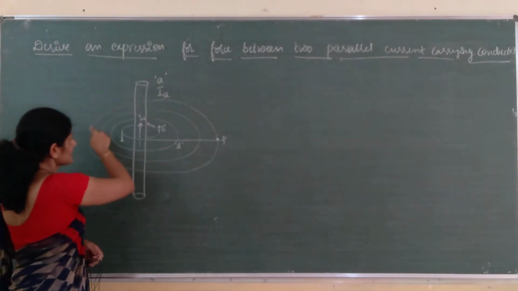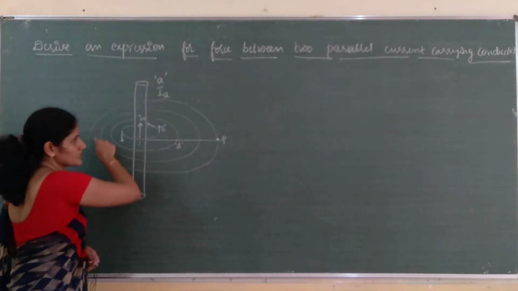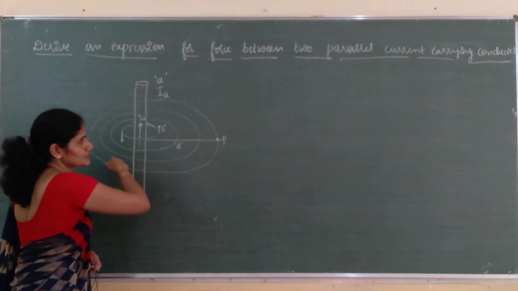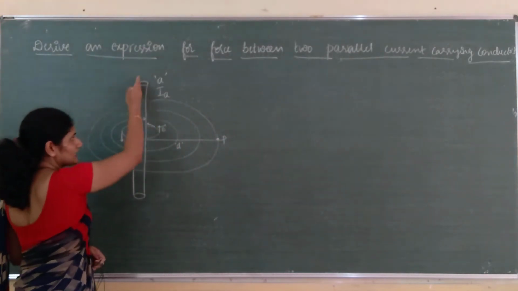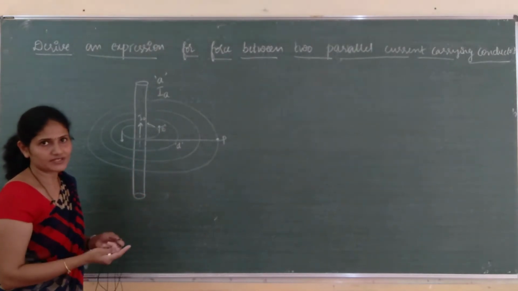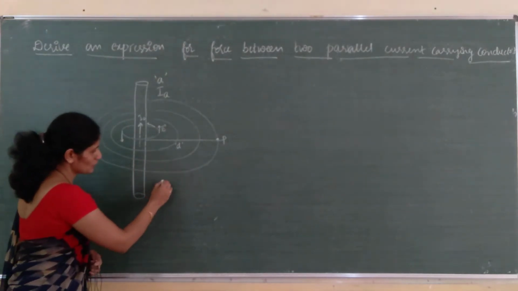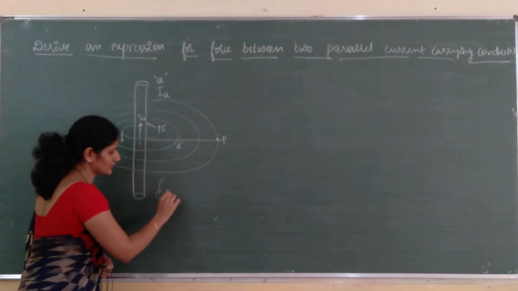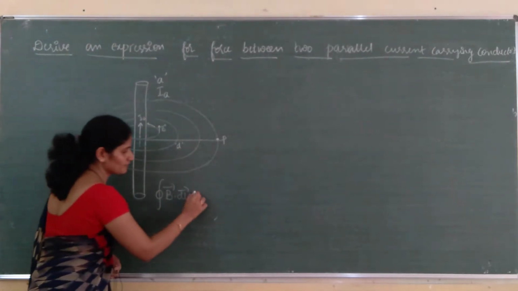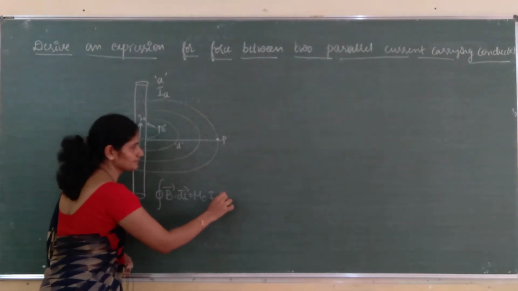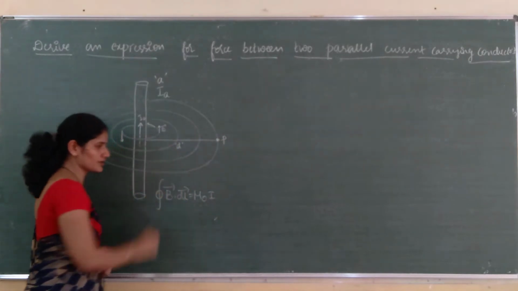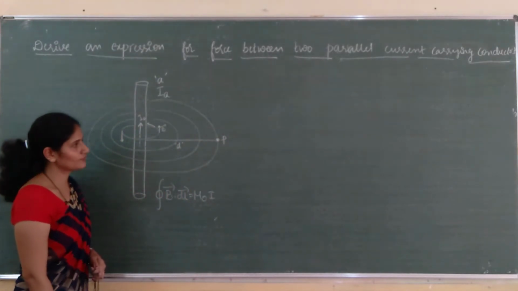So, this is nothing but the Ampere's loop, and the current carrying conductor is inside the loop. So, we can apply Ampere's circuital law. According to Ampere's circuital law, the closed line integral of B vector dot dl vector is equal to mu naught into I. Let us see what is the expression for magnetic field at this point.